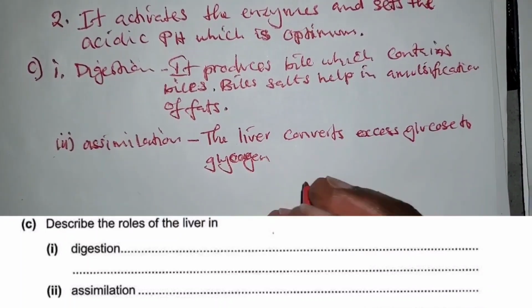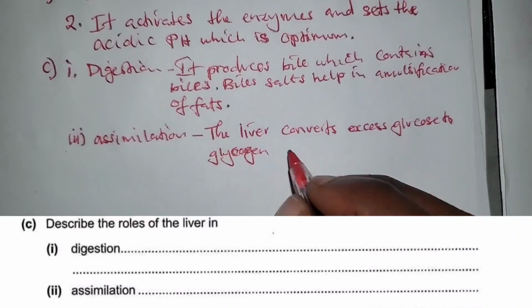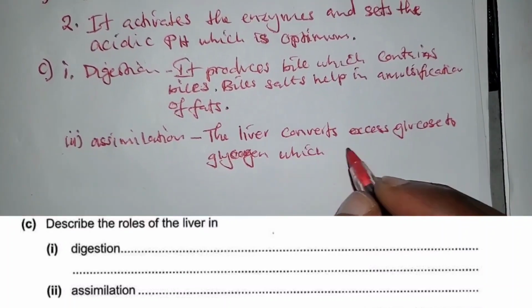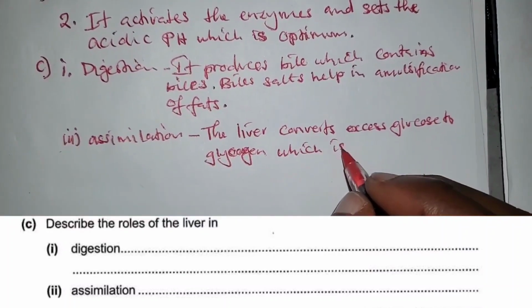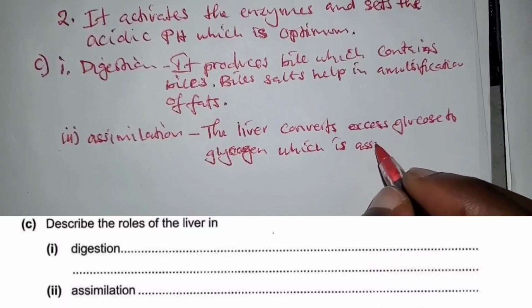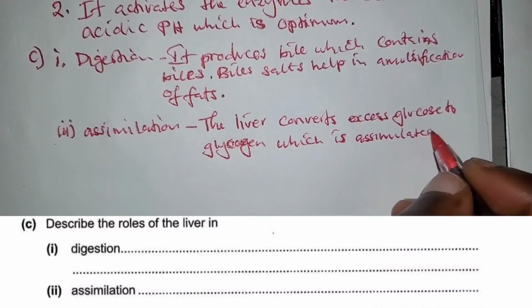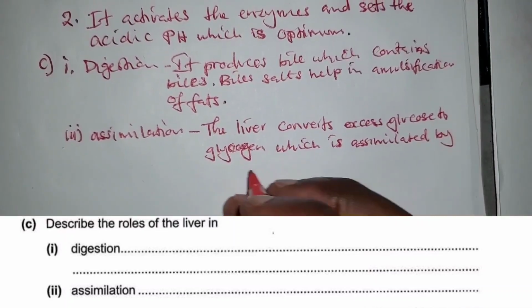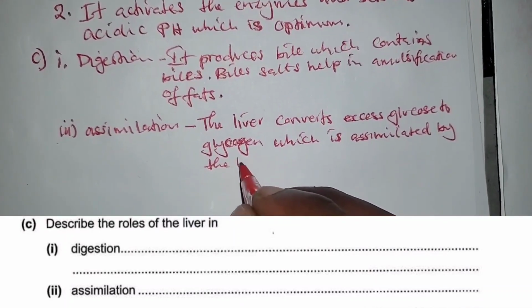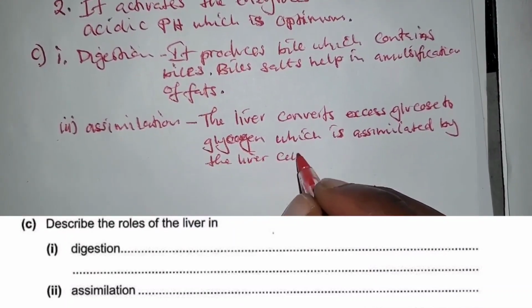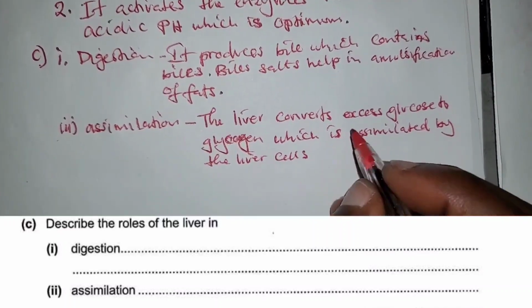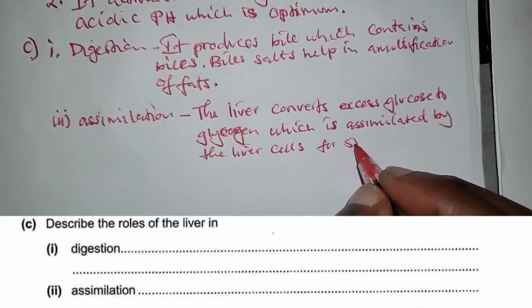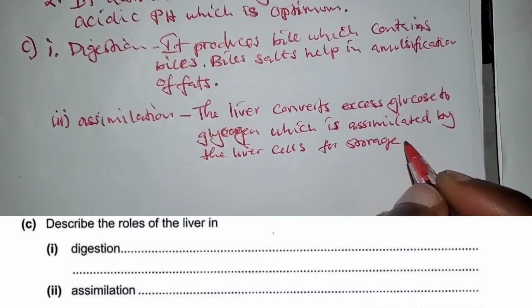This glycogen is assimilated by the liver cells for storage.